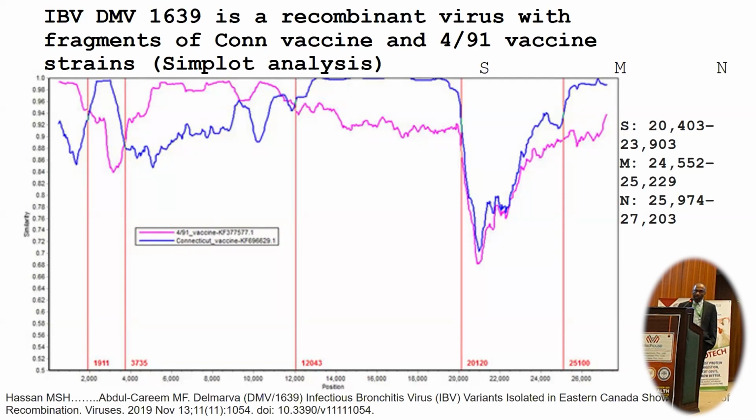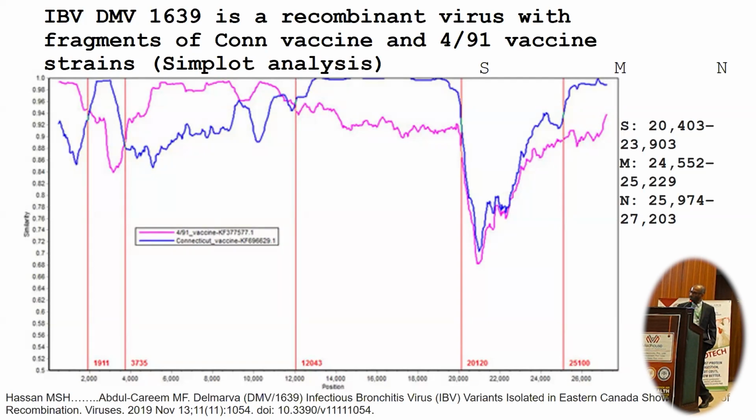So what does it indicate? The DMV 1639 present in Canada is a recombinant virus, and it has picked up major parts of the genome from the two vaccines.